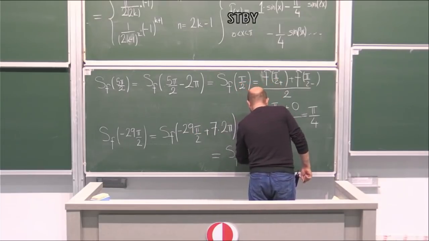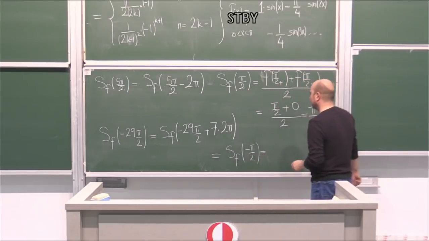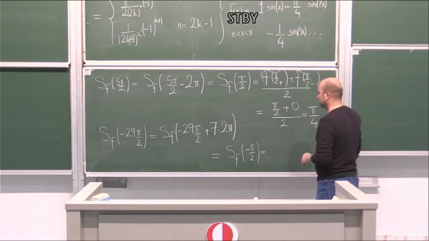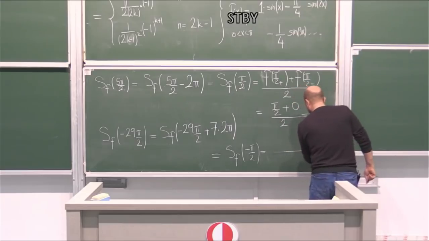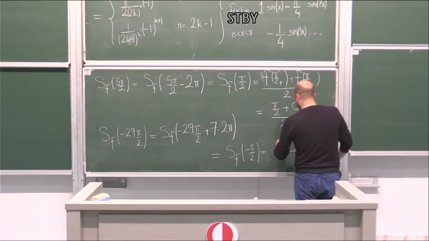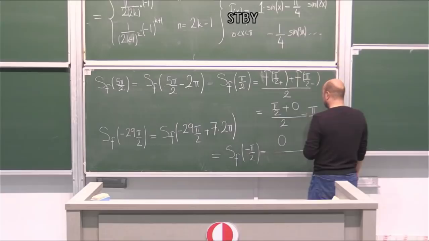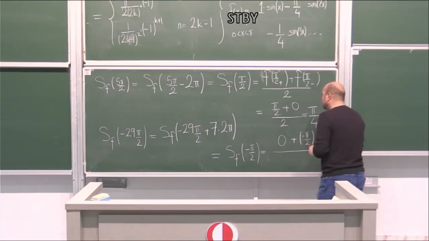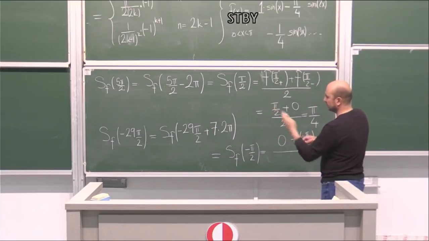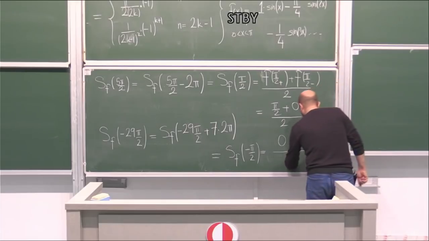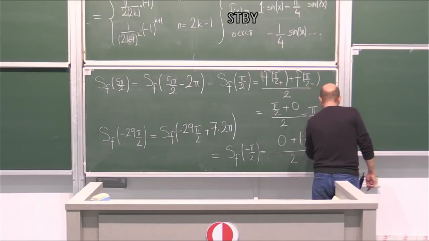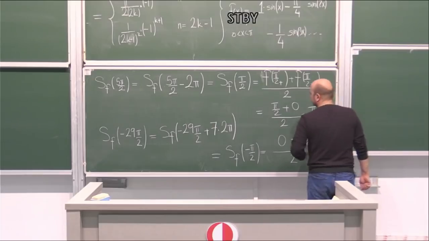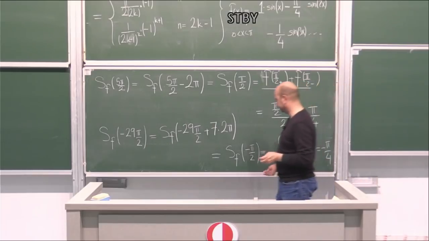Now this time, the right limit will give you 0, but the left limit will give you minus pi over 2, because the graph was below, and divided by 2, you get minus pi over 4. This is what we have.